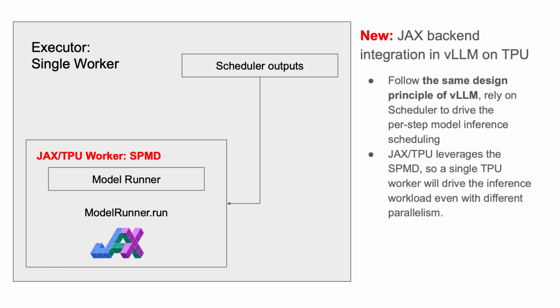So we reuse the existing scheduler in vLLM design, and we will use the output from the existing scheduler and feed it to the new JAX TPU worker. And this new JAX TPU worker will consume the scheduler output as it does for vLLM GPU. And underlying this worker will support model execution on TPU.